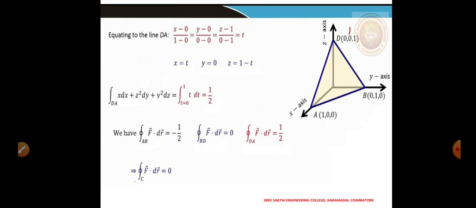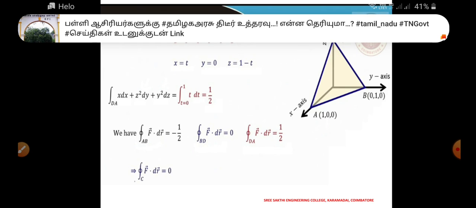Again t varies from 0 to 1, and we are moving in the anti-clockwise direction. Writing this integral, this time x is 0, so the first term will not be considered. But the rest two will contribute because y and z are changing.